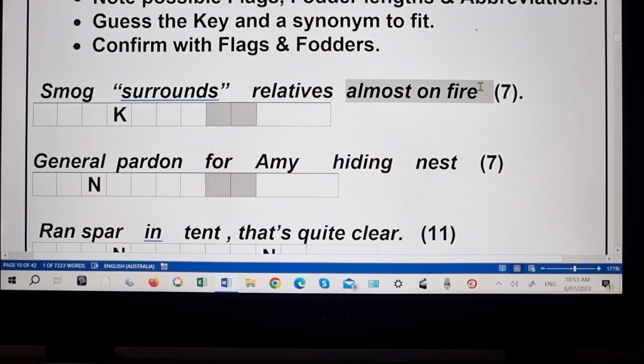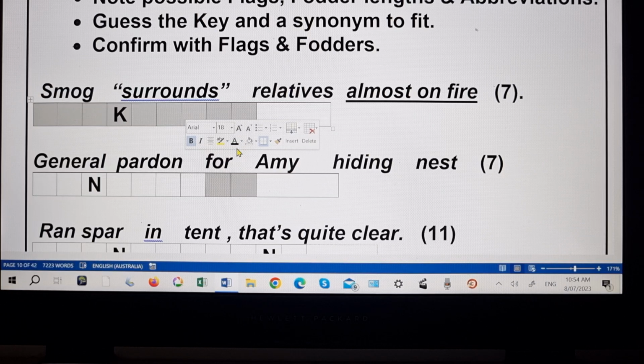Could that be the key? If something is almost on fire, what's it doing? With a K there, 7 letters, it is probably smoking. If it's almost on fire, well, let's see if we can prove it now.